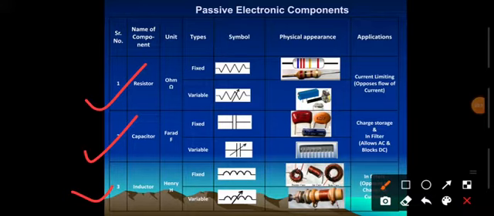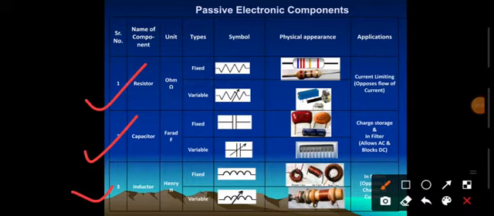Because they are not able to modify, process, or reshape the signals. What are their units? Ohm, farad, and Henry. Ohm, kilo ohm, mega ohm is the unit of resistor. Farad, microfarad, nanofarad, picofarad are the units of capacitor. And for inductor, Henry, millihenry are the units.